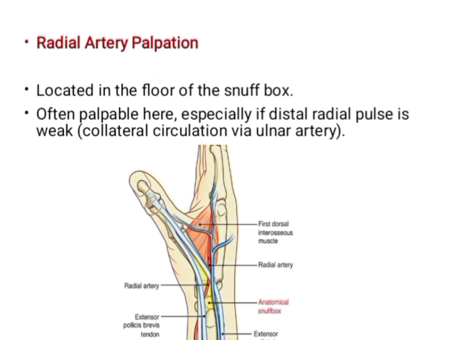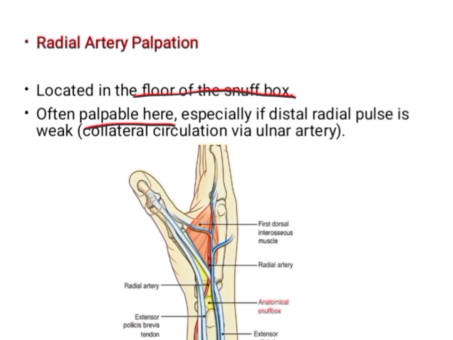We now also have the radial artery palpation. Remember, the radial artery is a content of the anatomical snuff box. It's located in the floor of the snuff box and is often palpable at this site. We said to visualize the anatomical snuff box, you have to extend and abduct.